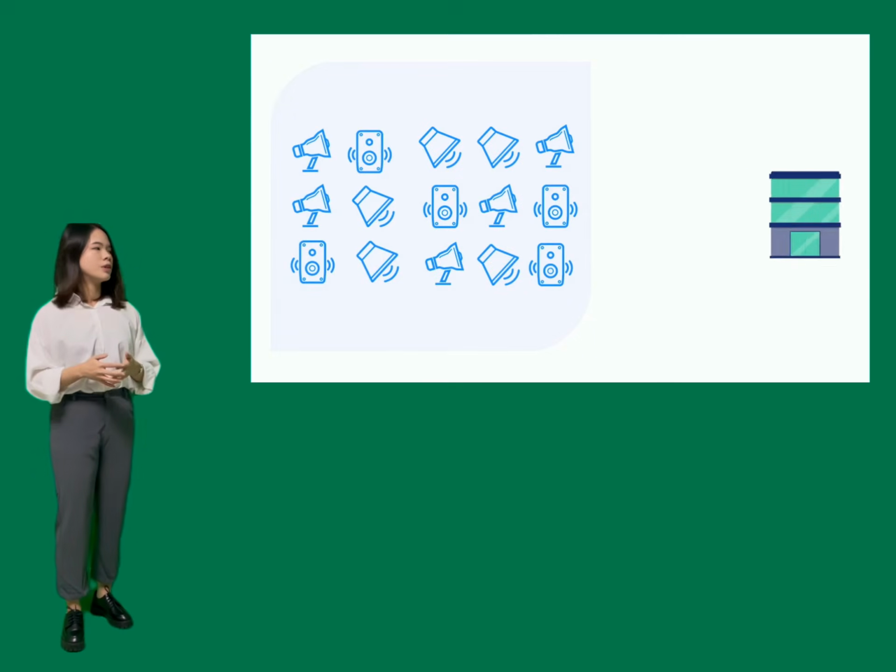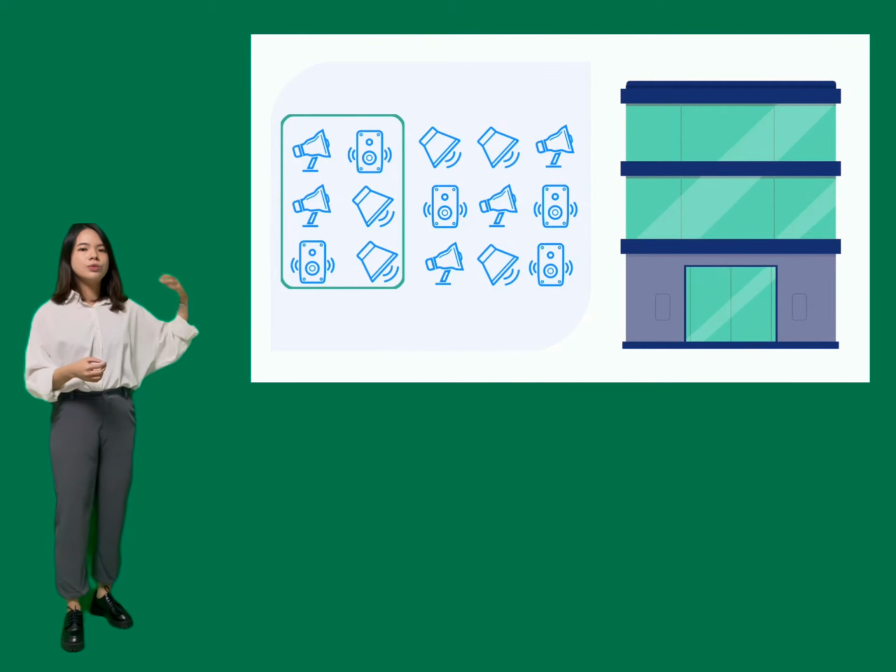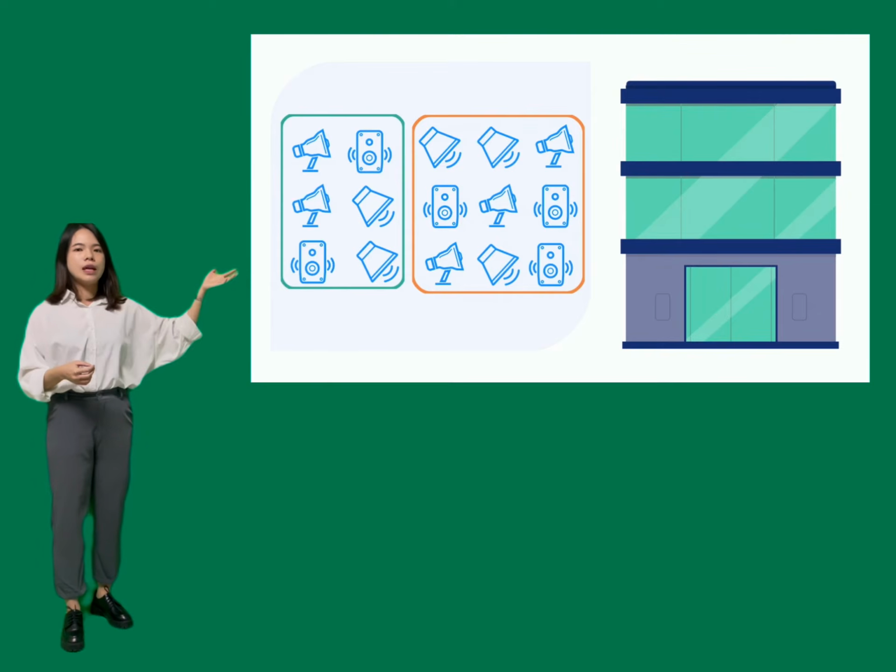The IP audio center also supports an unlimited number of paging groups, or paging zones if you prefer. In a scenario where you have a building, you can put all the speakers on the first floor into one group and all the speakers on the second floor into another group.